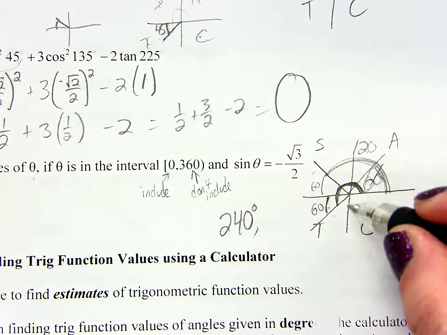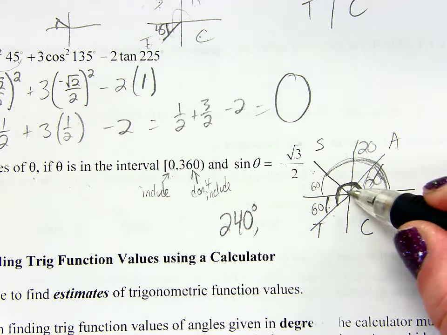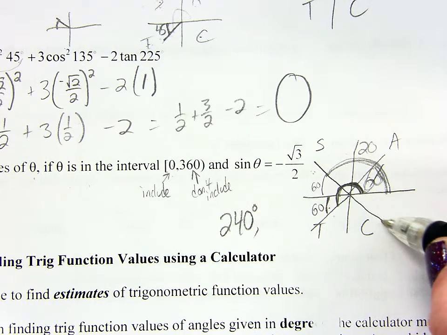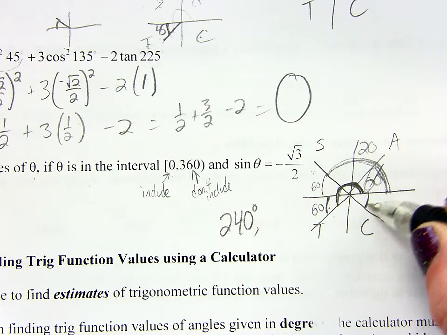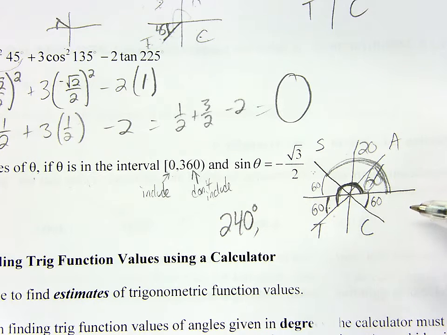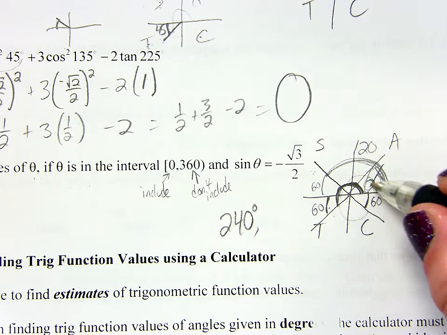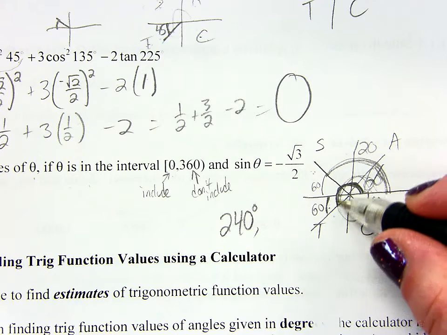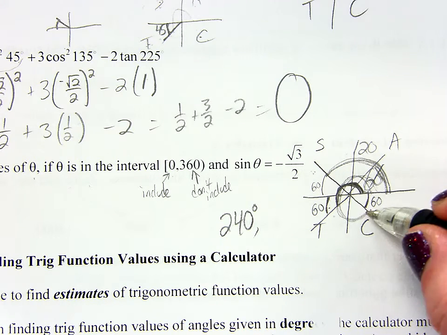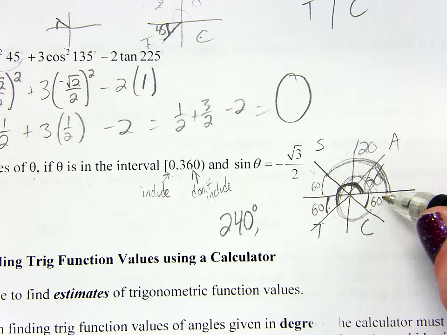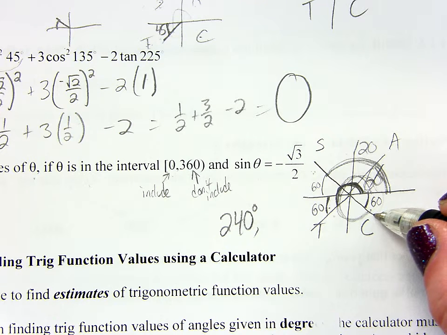Let's see if there's another one. I have to go into my fourth quadrant also. So if I had a fourth quadrant angle with a reference angle of 60, not 330, but remember, you could think of it as negative 60. It's the same thing as negative 60 in positive land.